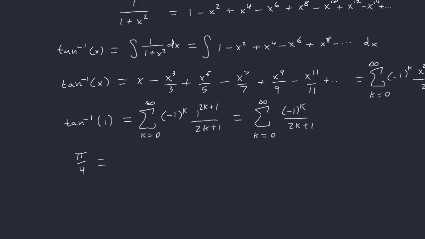Okay? So pi over 4, based on this, tells me that if I plug 1 into this series here, I'm going to get 1 minus a third plus a fifth minus a seventh plus a ninth minus an 11th, etc. Turns out that this particular series, the alternating series, 1 over the odd numbers, actually equals pi over 4.